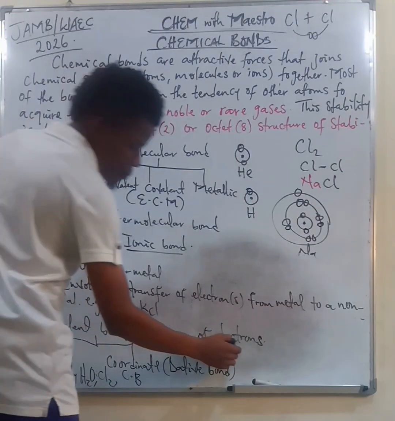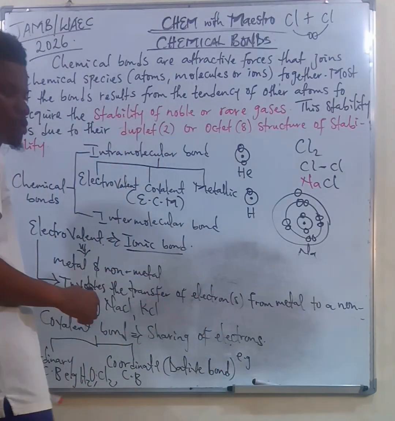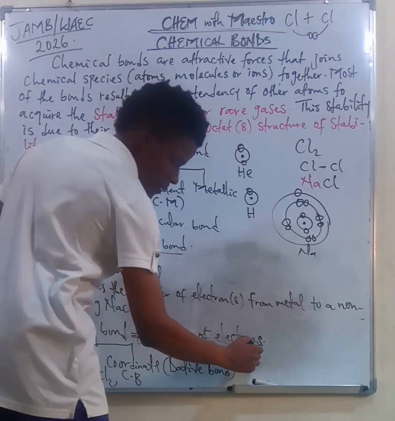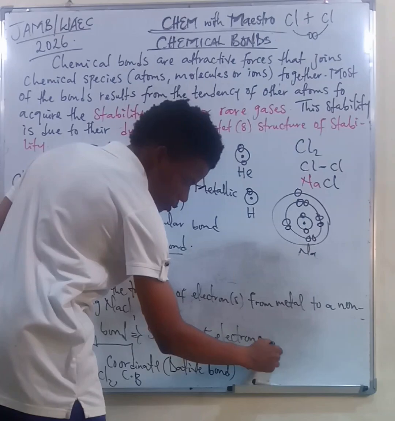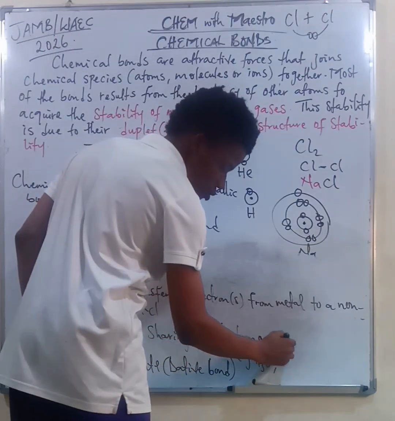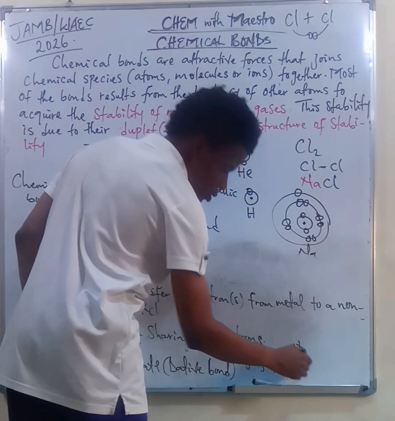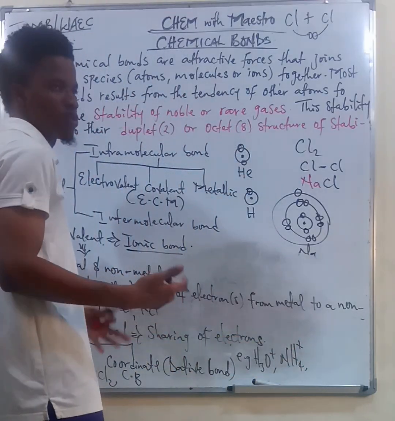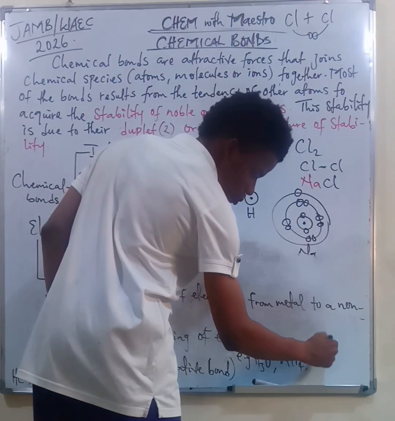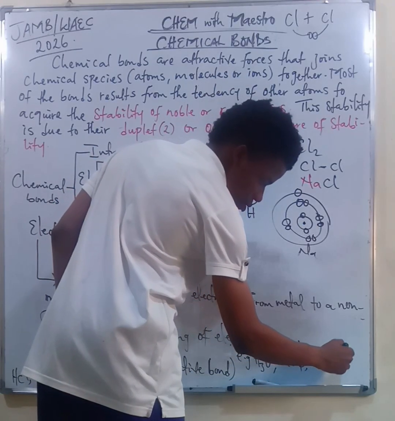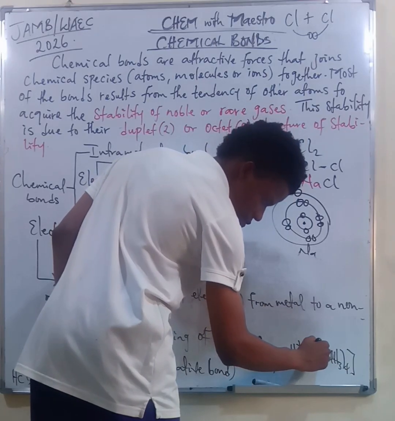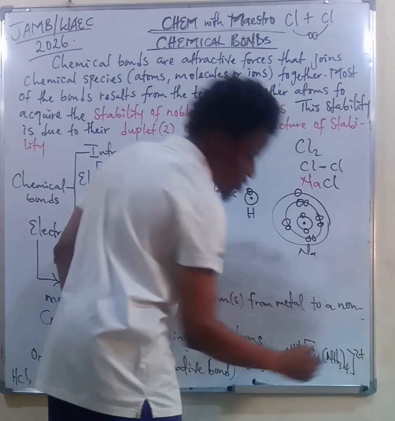Examples of compounds with coordinate covalent bonding: we have the hydronium ion, H3O+, we have the ammonium ion, NH4+. We also have complex salts like copper(II) tetraammine.